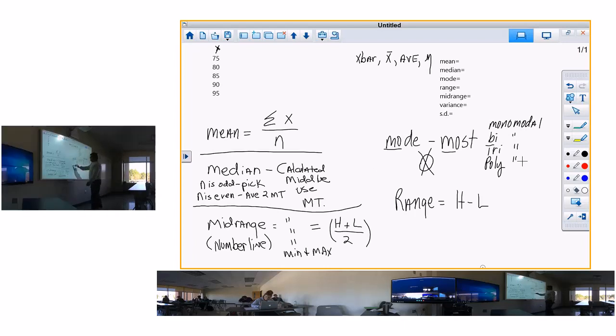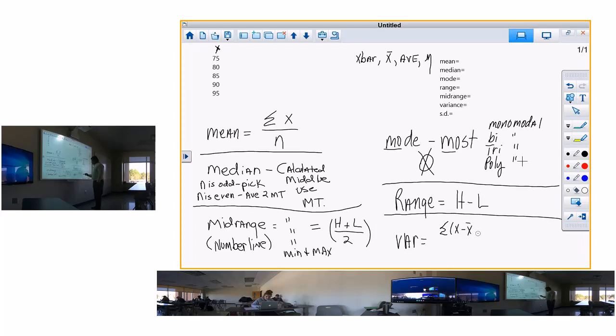And again, I know I've gone over this before, but I'm going over it again because sometimes I get a little fast. The variance is equal to the summation of x minus x bar raised to the second power over n minus 1. And the standard deviation is equal to the square root of the what? Variance. So once you get that number for the variance, you take the square root of it.